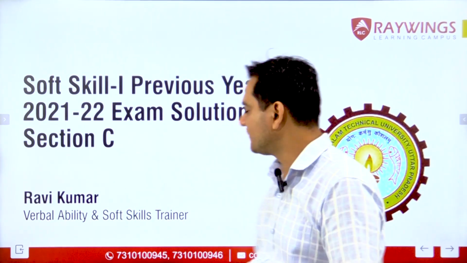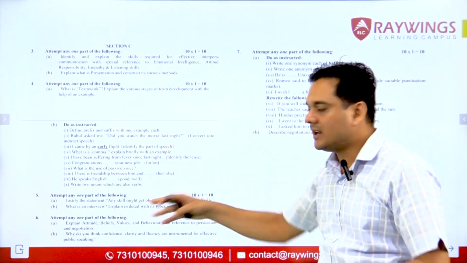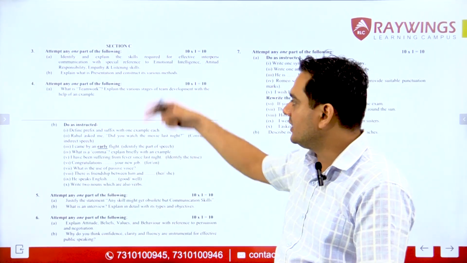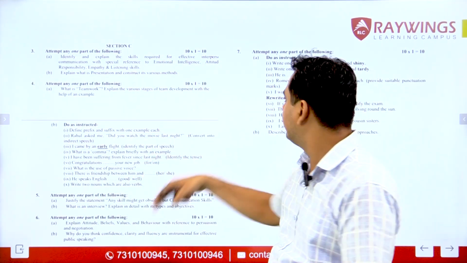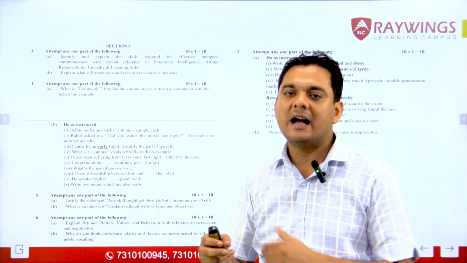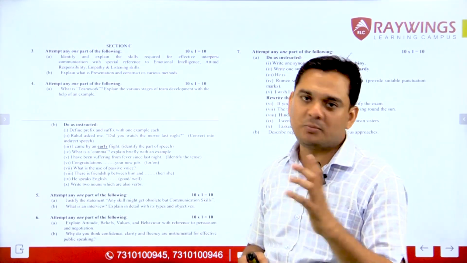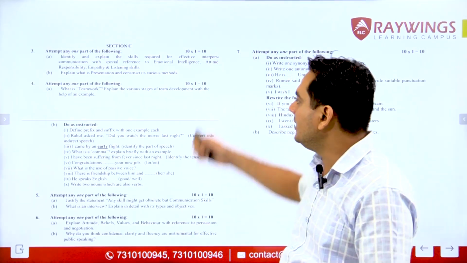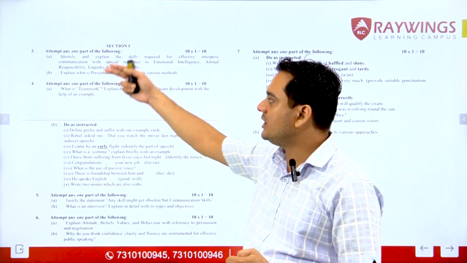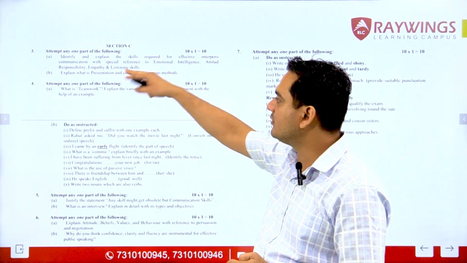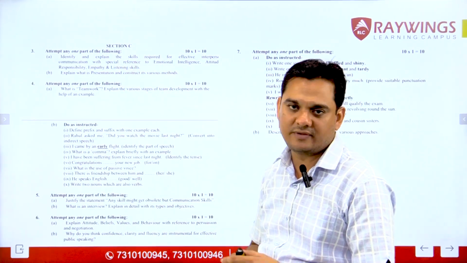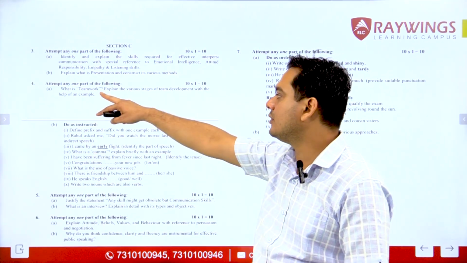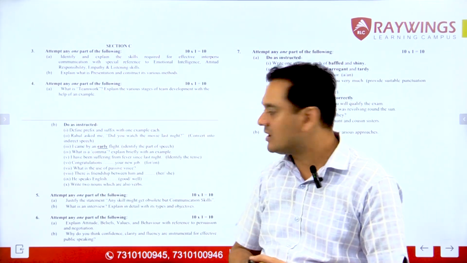Let's start. Now this is the part that we have to cover in this video. Section C consists of 5 questions having subparts and options along with it. Each question is of 10 marks. For example, in question 3, there are 2 parts and you have to attempt any one part, which is of 10 marks. Again, same for question number 4, any one part of 10 marks.